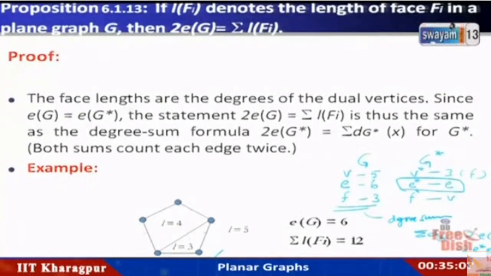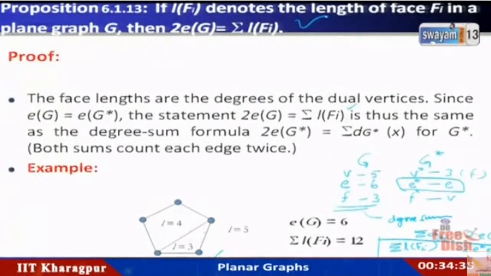As far as the degree is concerned, the degree of a dual vertex is nothing but the length of the corresponding face, so the sum of the lengths of the faces will become the sum of degrees. Hence this formula we have derived using the degree sum formula.